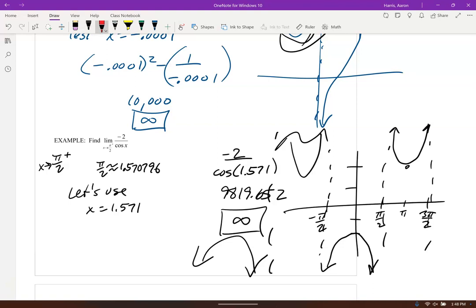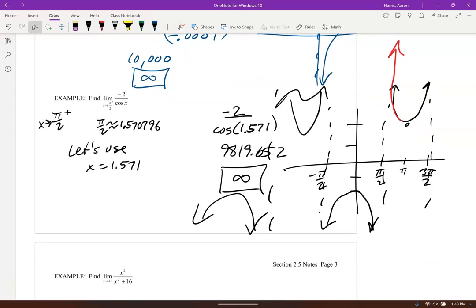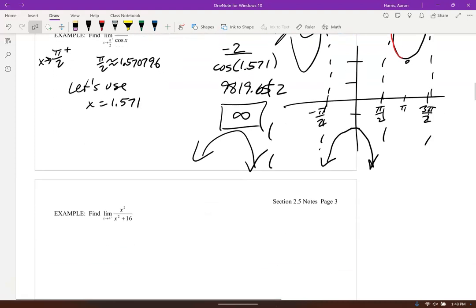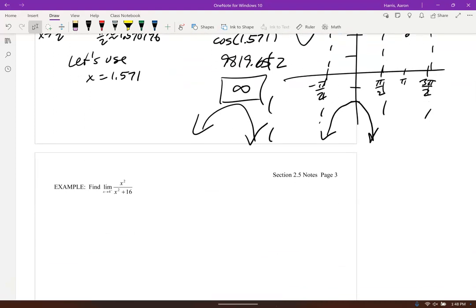But as we approach pi halves from the right, can you see in red there? That thing's shooting up visually. So I punched in something just to the right of pi halves, so I can see which way it's shooting with that vertical asymptote.